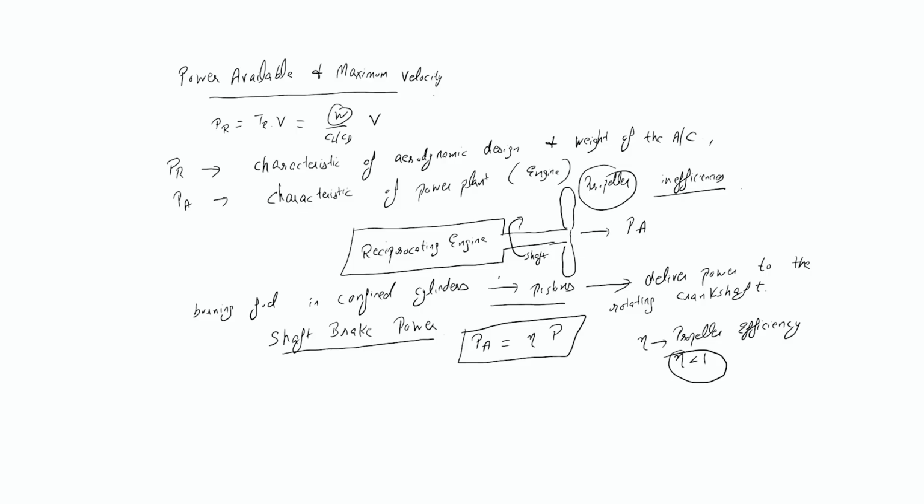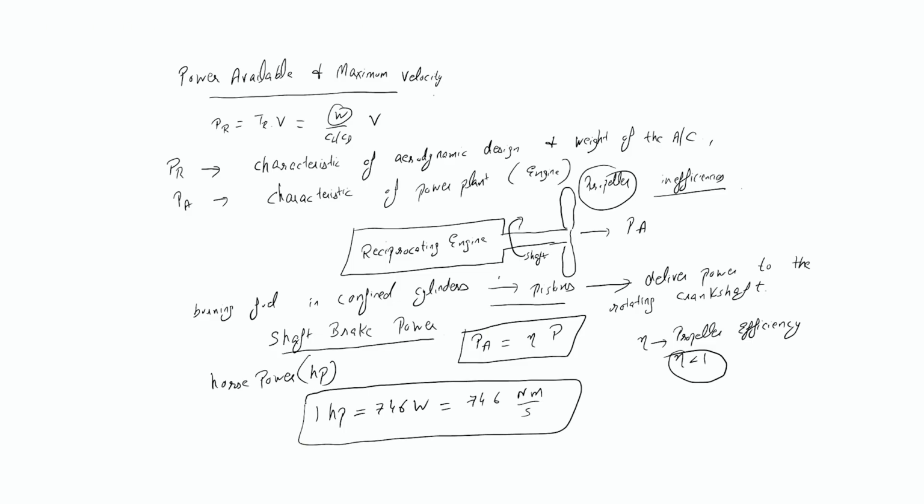Now remember, we talked about power. These are rated in terms of horsepower. So all reciprocating engines are rated in terms of horsepower or HP. Okay, so 1 horsepower is equal to how many watts? This is 746 watts. So 1 watt was 1 Newton meter per second. Remember this, we discussed. So 746 Newton meters per second.